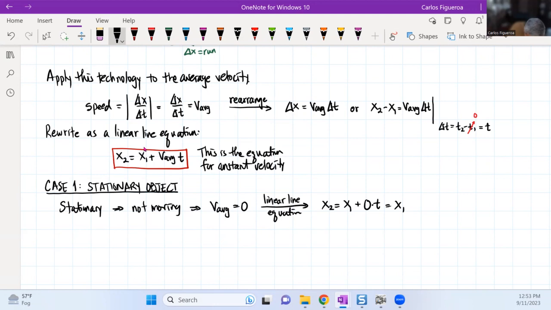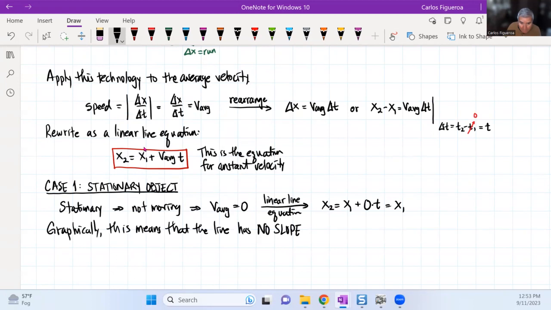So what does this tell us here? So graphically, this means that the line has no slope, and therefore no change in position.